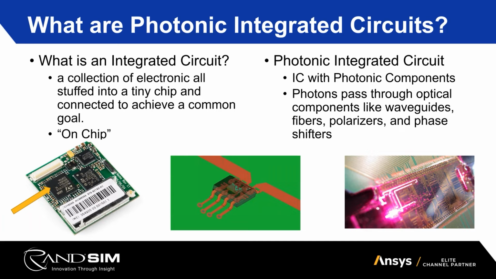So instead of just using electricity and electrons for data transfer and communication, now we're looking at using photons as well. So instead of just using resistors, transistors, and capacitors, we're also using optical components like waveguides, fibers, and phase shifters to help transfer that light.